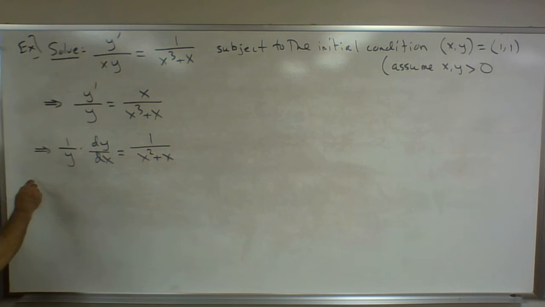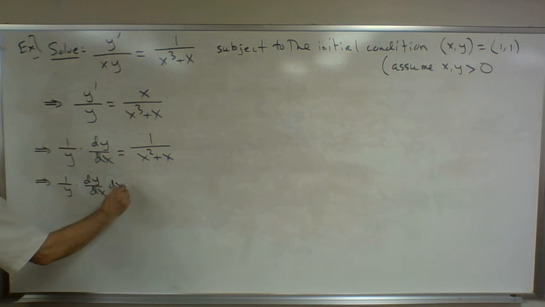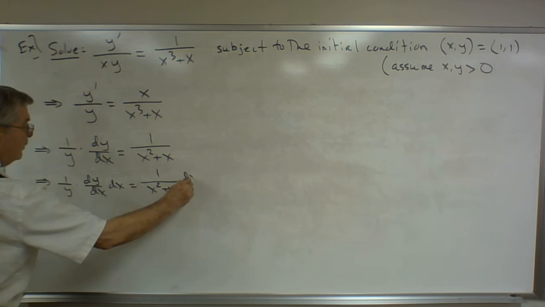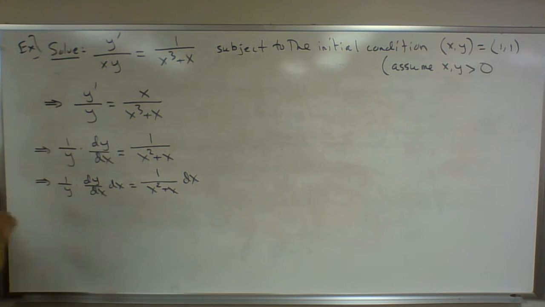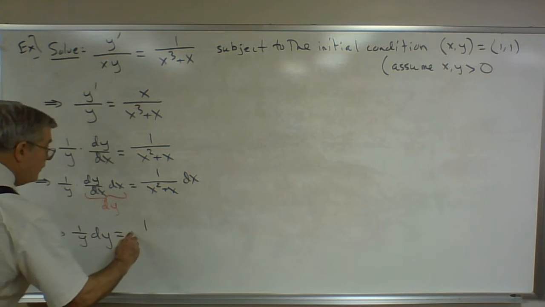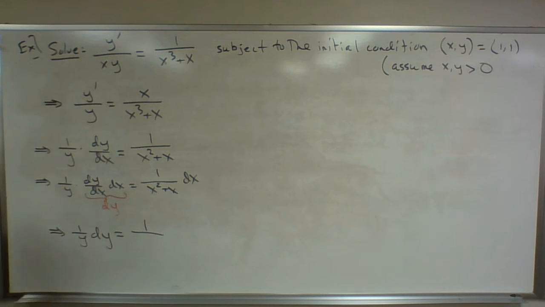And then we multiply both sides by dx. And dy dx times the differential dx, that's just dy. So this becomes 1 over y dy is equal to 1 over, x over x cubed plus x.